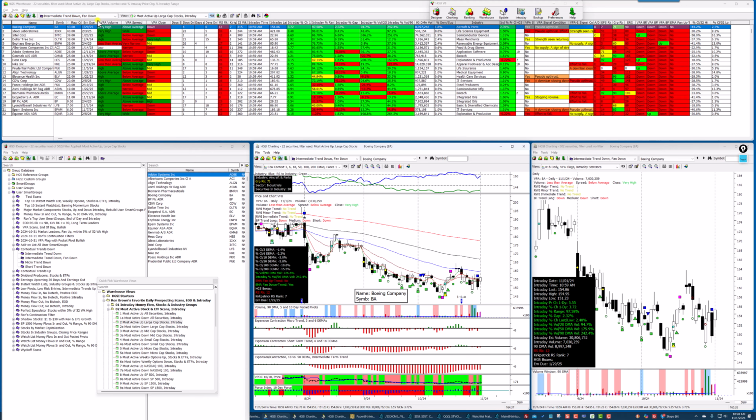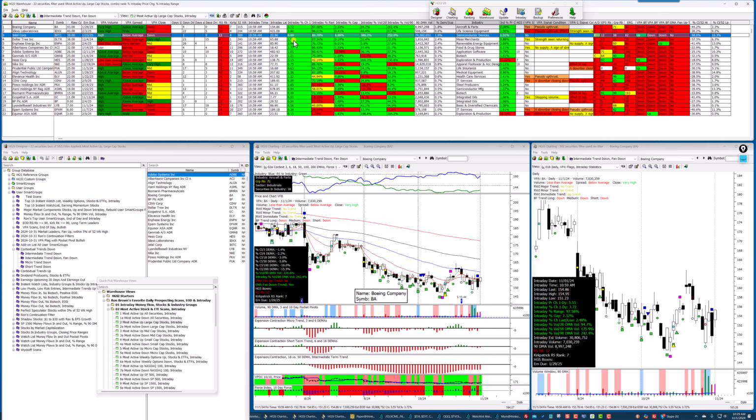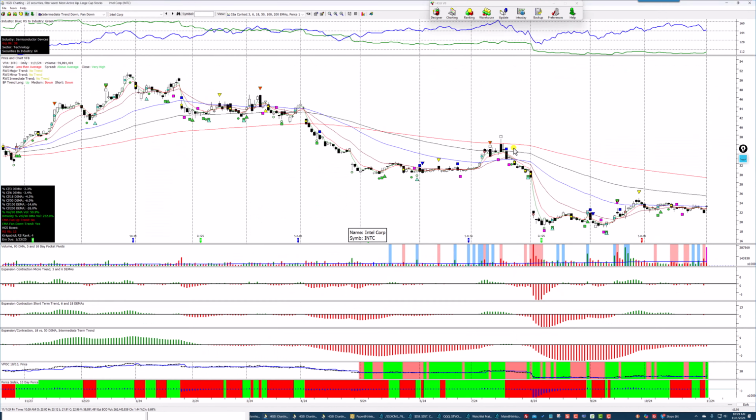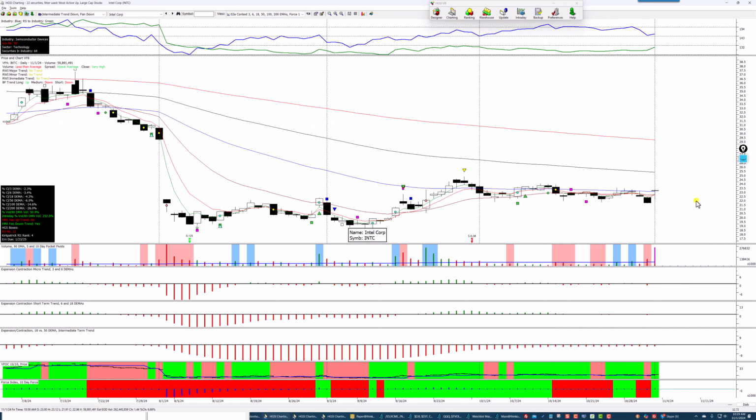Now let's take a look at Intel. It reported last night. The stock has gone nowhere for a long time, but I'm looking at it today. Let's zoom in on it, and you can see that it's up. All of these were down, and the fan is obviously down too.